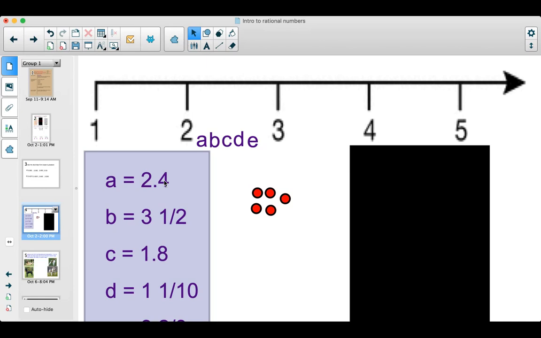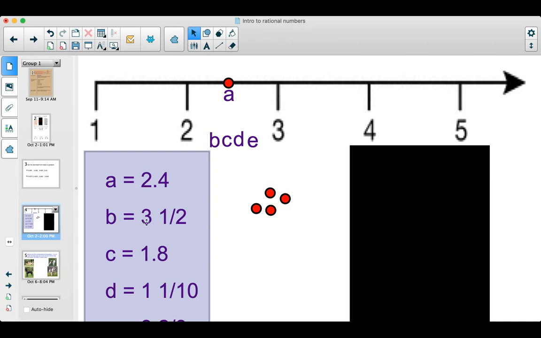Well, half of 10 would be 5. So 5/10 is half. 4/10 is less than that. So this number should be between 2 and 3. It should be a little bit closer to 2 than to 3. If you were to put this on your test and put it closer to the 3, I'd have to take out points for that. You've got to know that it's closer to 2 than it is to 3. It would round off to 2 instead of 3 if we're rounding to the nearest whole number.